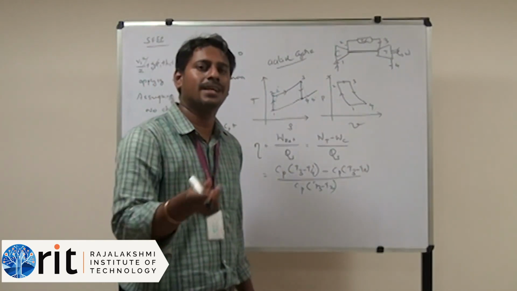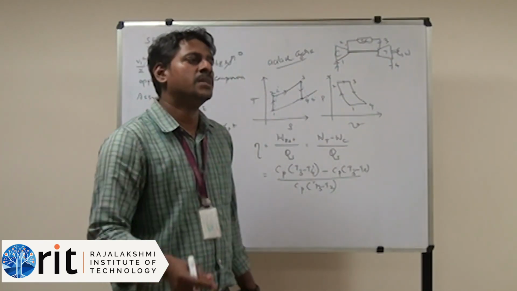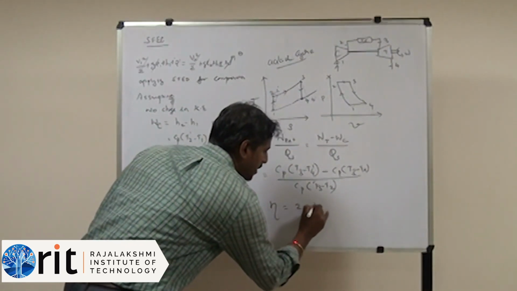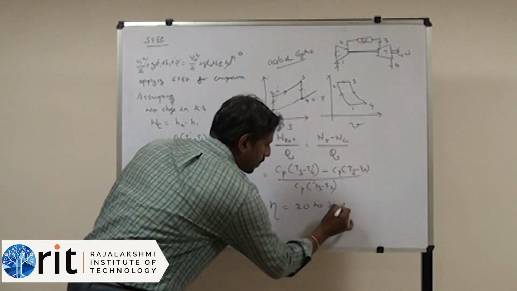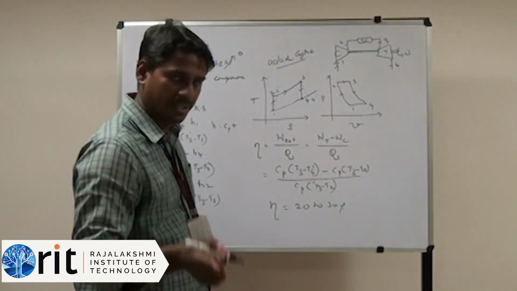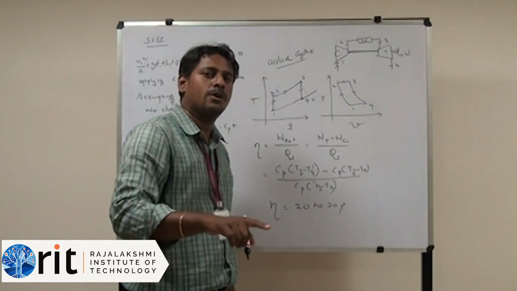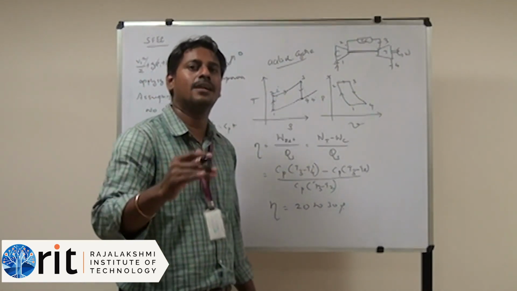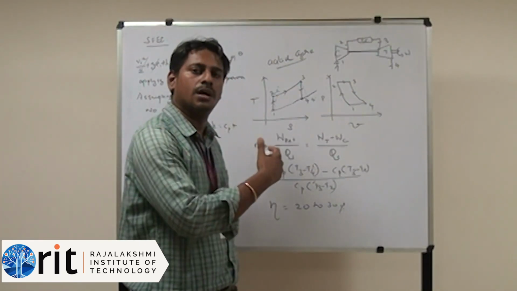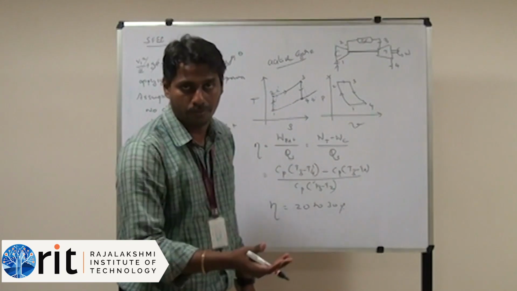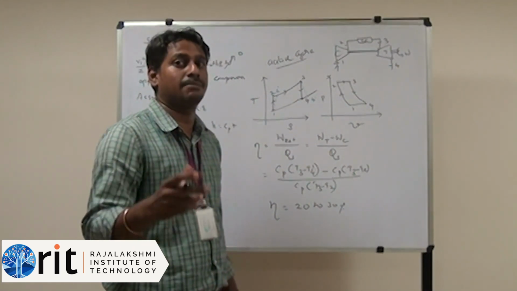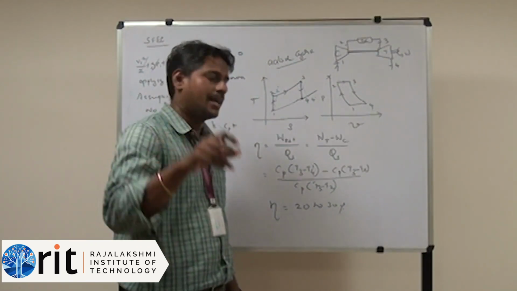Cogeneration is nothing but combining a gas turbine power plant along with a steam power plant. Normally, the efficiency range for a gas turbine power plant lies between 20 to 30%, whereas in a steam power plant it is from 30 to 45%. So if you combine a gas turbine power plant and a steam power plant, you will get more efficiency. That is why people opt for cogeneration or combined cycle power plants. The term cogeneration is not that apt, so we can say combined cycle power plants.